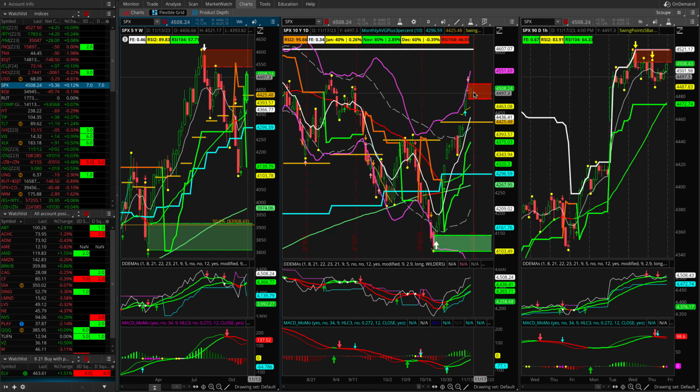This is potential resistance, but not necessarily really that, because it can blow up and through it. However, we're up against these Bollinger Bands, and we have come back in, and so now it's a question of, do we walk sideways and then pop back up, or do we pull back, and then how far?